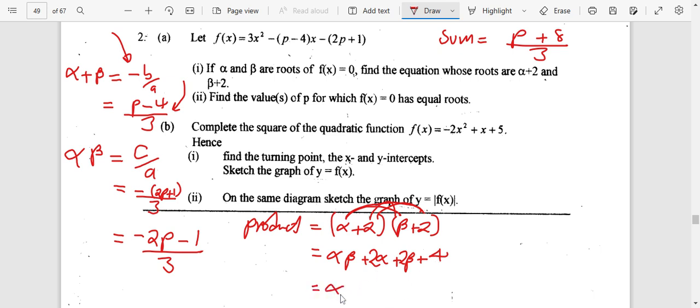From here I can write this as alpha beta, factorize out a 2, we remain with alpha plus beta, and at the end a positive 4.